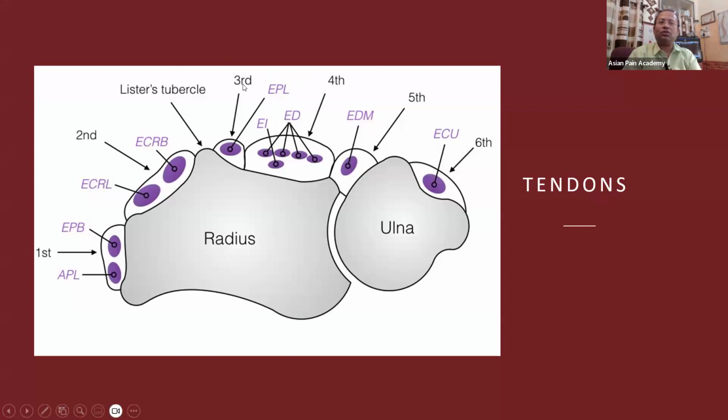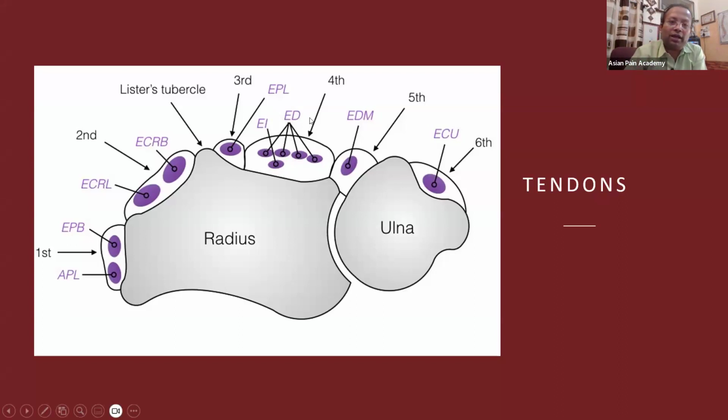This is also coming from the forearm only, therefore it is forming compartment number 3. Now comes compartment number 4. As I told you, there is extensor indicis, the last muscle I showed, that comes from the forearm only and traverses above the carpal bones. But mainly extensor digitorum also comes from above the elbow and goes to the hand.